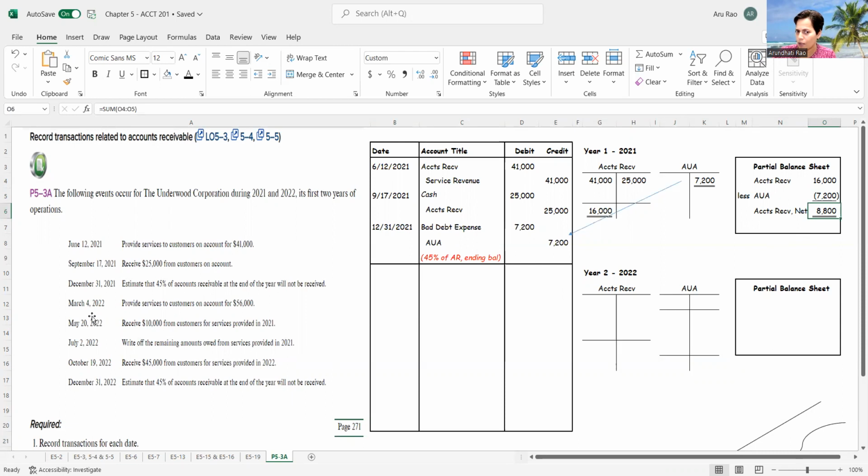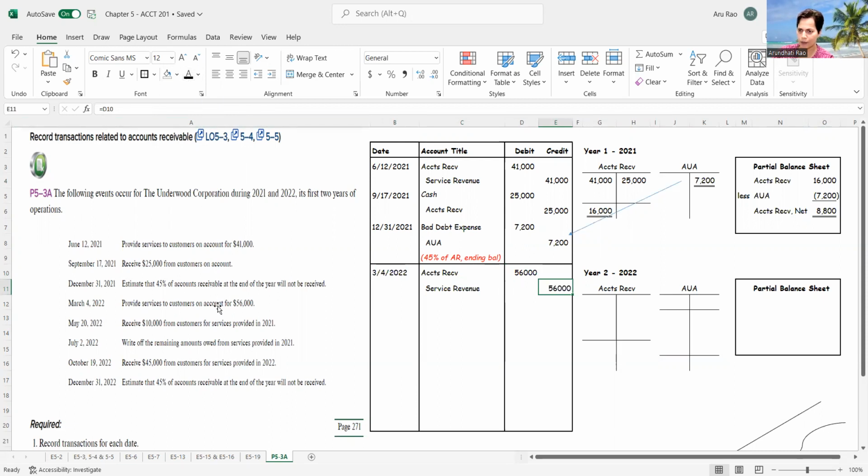Let's continue over here and see what happens in the next year. March 4th, 2022, we provide services for customers on account. So we're starting the next year. Again, we have a sales transaction. It's on account. So we have accounts receivable debit, service revenue credit, and it is for $56,000.